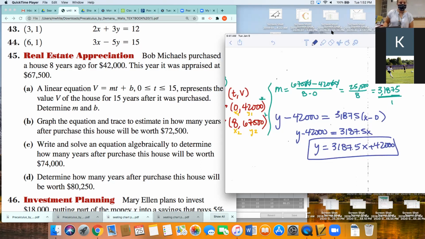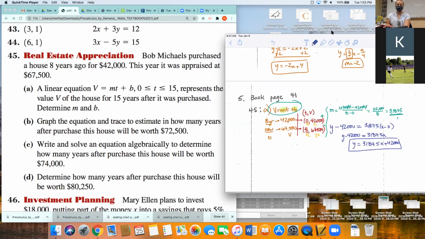Okay, then it says graph the equation and trace and estimate how many years after purchasing this house will be worth 72,500. Anybody have their graphing calculators? Let's get that out. If we do it by hand, there's only so much estimating we can do. So let's do it on our calculator.